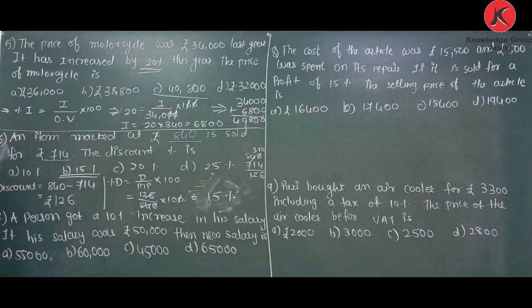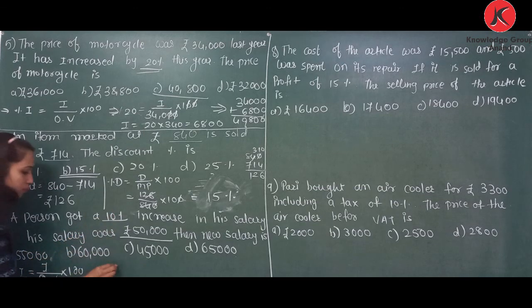Okay. Now next one. A person got a 10% increase in his salary. If his salary was 50,000, what is his salary now? This is a 10% increase. 50,000 is before increase. You need to find the salary after increase. So this one will be our original value and this is the increase. Our equation is percentage increase is equal to increase divided by original value multiplied by 100.